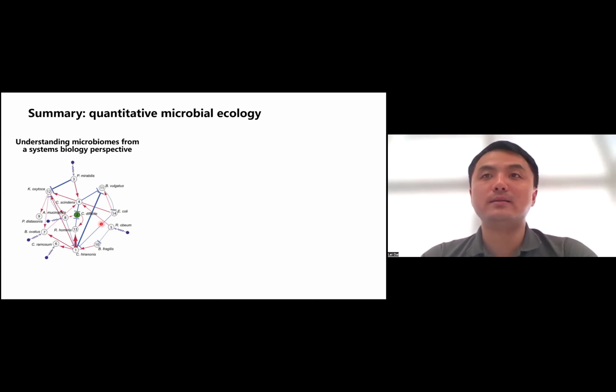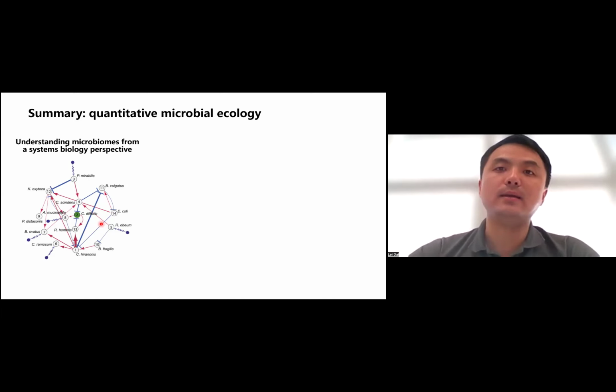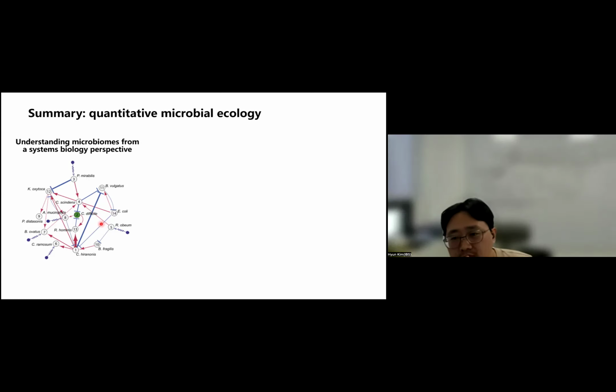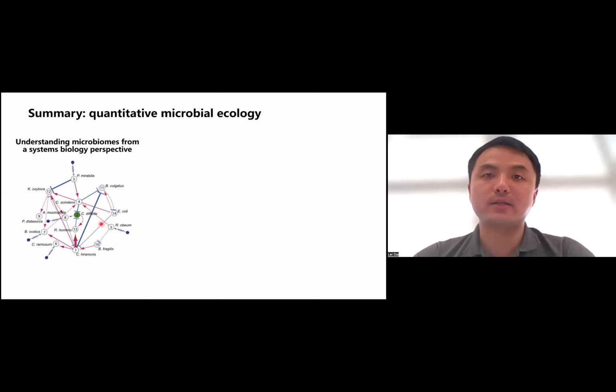There are very well-known tools like Kraken 2. We also use some other tools. So you process the DNA reads to calculate the proportion of each species in the entire sample, right? So eventually you get a proportional vector.